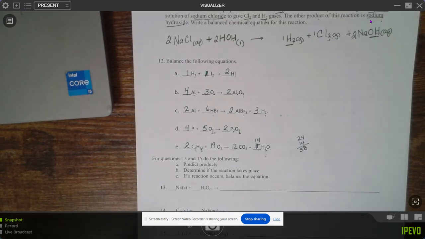Okay, so we need to look at single replacement reactions. Oh, good. I left without an activity series, but I have one.